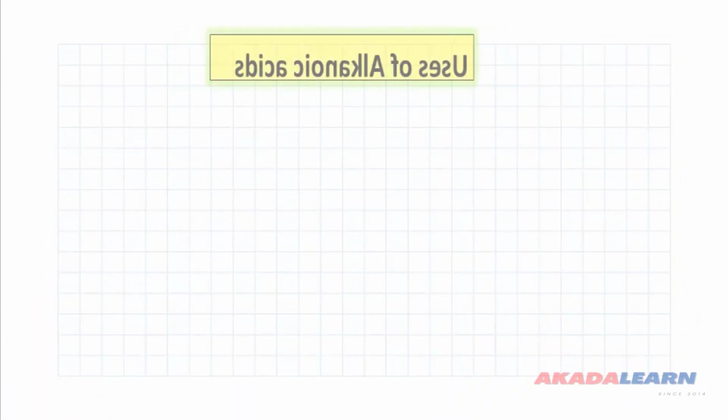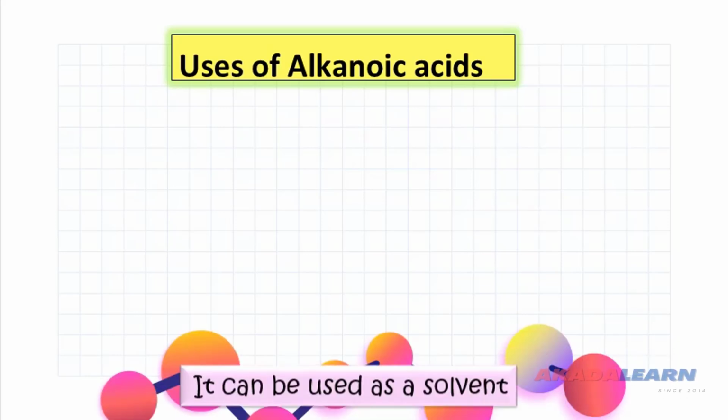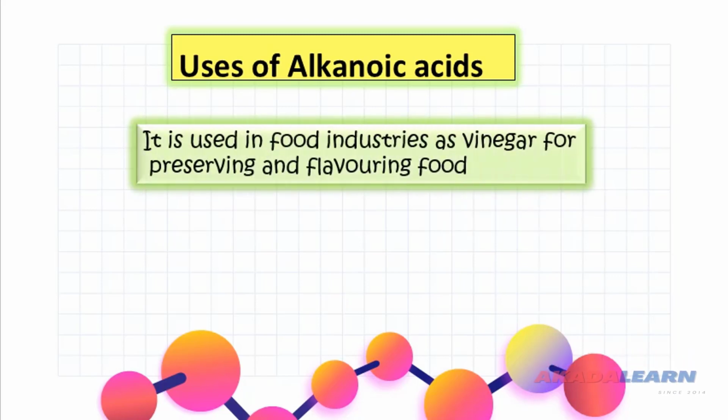Let's now move on and check out the uses of alkanoic acids. Alkanoic acids are used as solvents. Also, they can be used in food industries as vinegar for preserving and flavoring food.